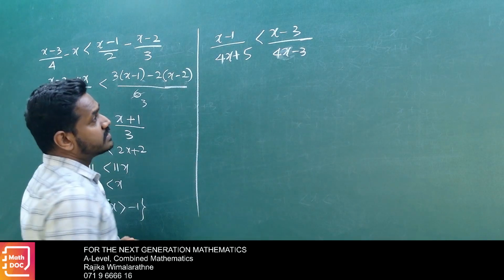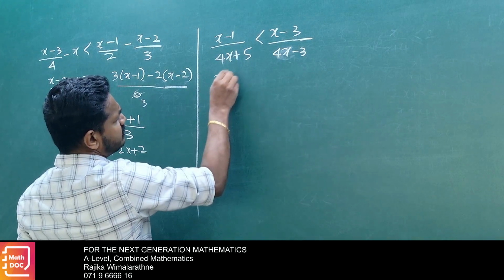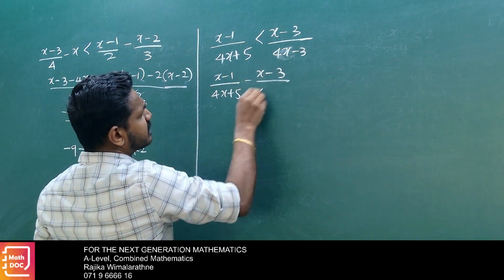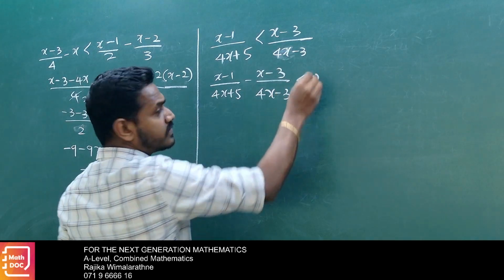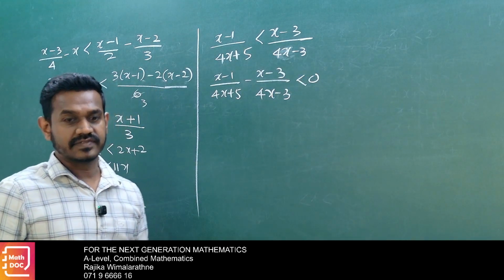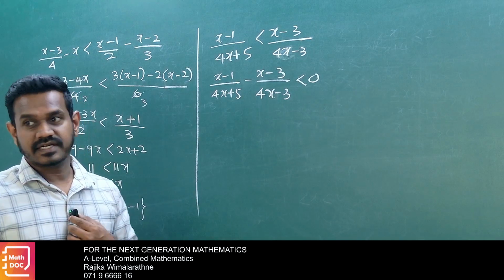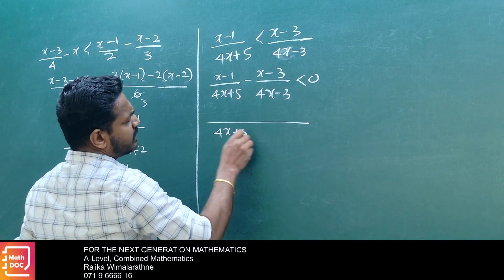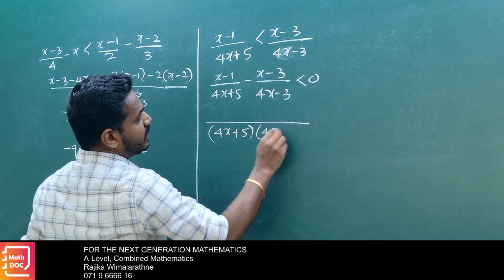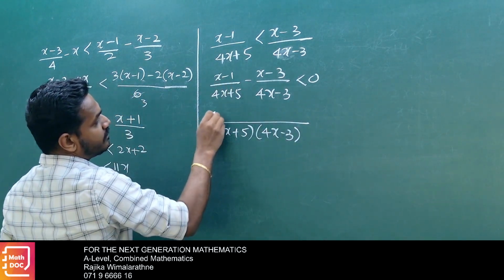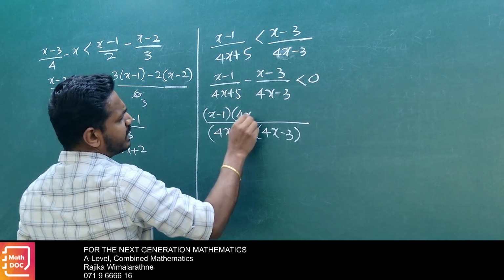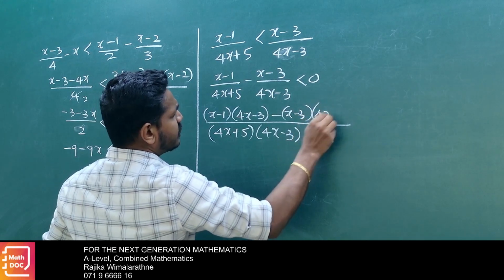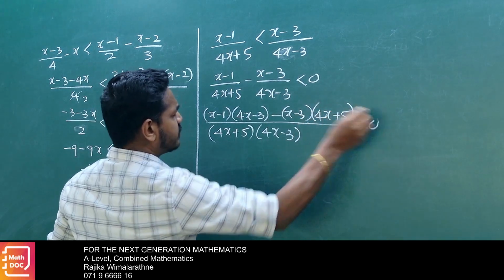So let's take (x minus 1)/(4x plus 5) minus (x minus 3)/(4x minus 3) less than 0. Now the common denominator is (4x plus 5)(4x minus 3). Cross multiplying: (x minus 1)(4x minus 3) minus (x minus 3)(4x plus 5) less than 0.